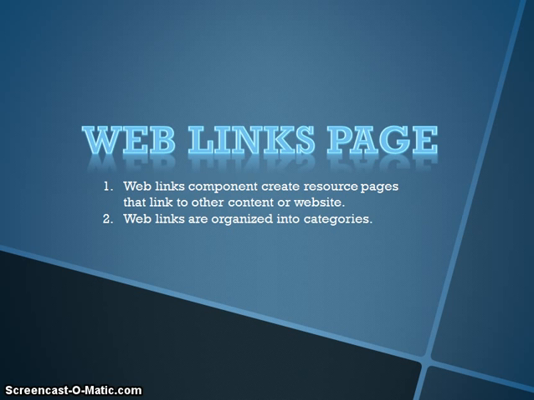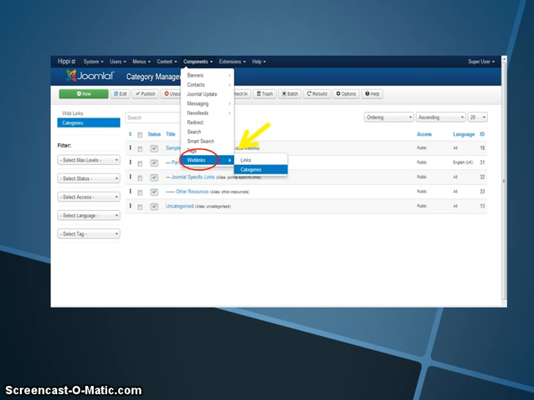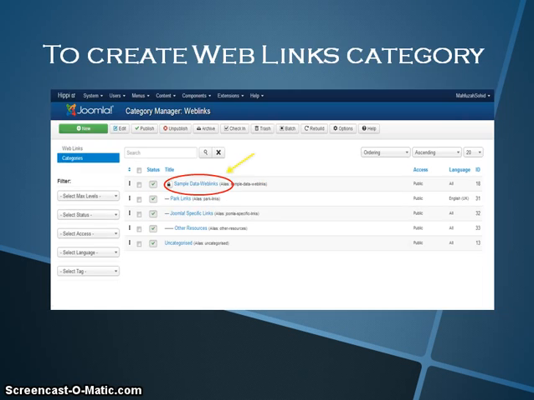Web link components create resource pages that link to other content or websites. And web links are organized into categories. The first step you need to do is choose web links and click categories. In order to create a web links category, you need to click on sample data web links.